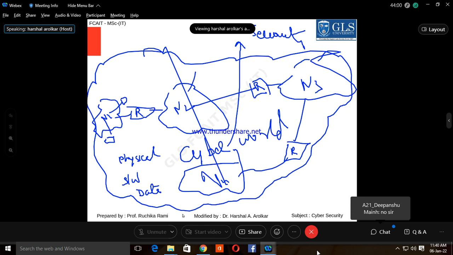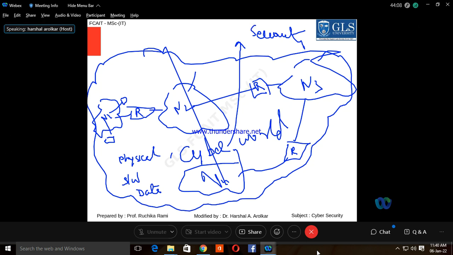Now the scenario here is that in majority of the times when we say cyber security, most of the books, most of the entities, they will talk about this to a larger extent, that is software and data, and with respect to this they will talk in terms of access mechanisms.